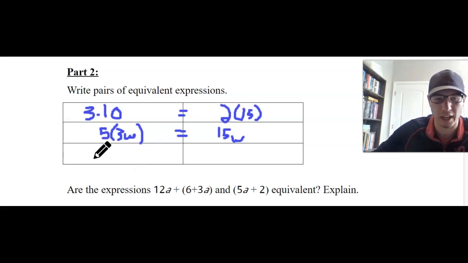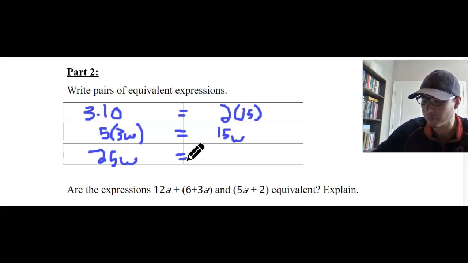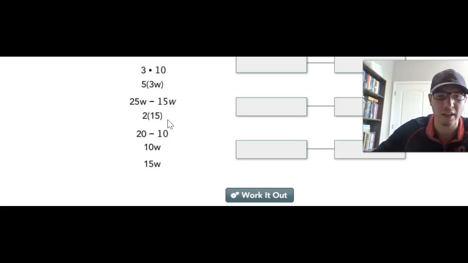The last one, we have 25w is equal to, all right, let me go back. I forget which one it is. We have 25w minus 15w. This one right here is going to be equivalent to 10w.